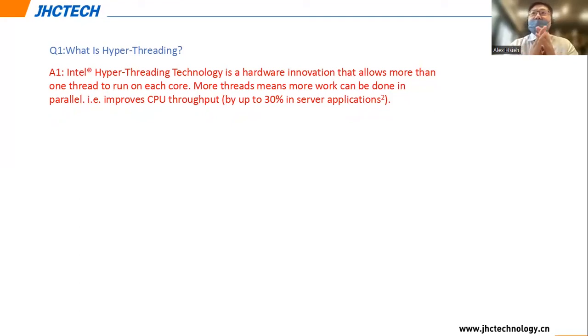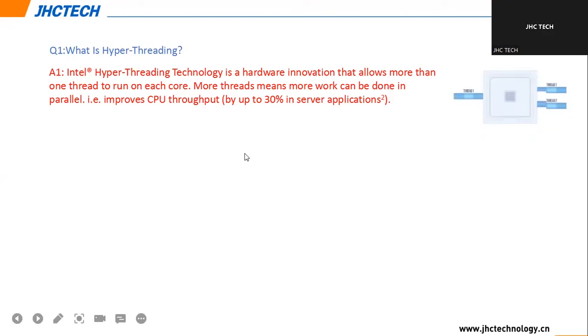That means you can use two threads in one core because it uses a very special technology, not just one thread in one core. So more threads means more work can be done in parallel. So it can improve the CPU thread output by about 30% with hyper threading technology.